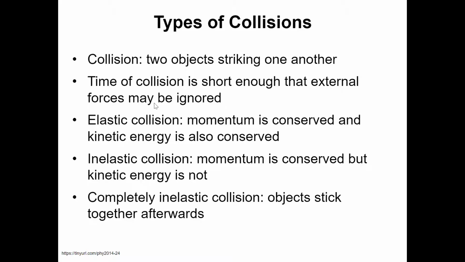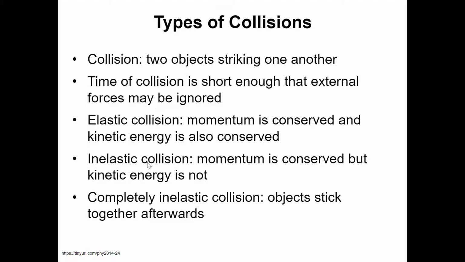For example, in the two birds colliding together, there might be air resistance giving the system an impulse, but because the time is short enough, we'll ignore that. So whenever you see a problem that says collision, unless otherwise specified, you can apply conservation of momentum because you ignore all external forces.